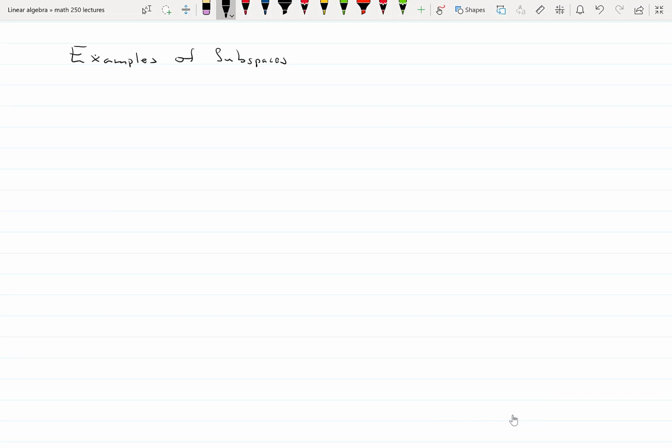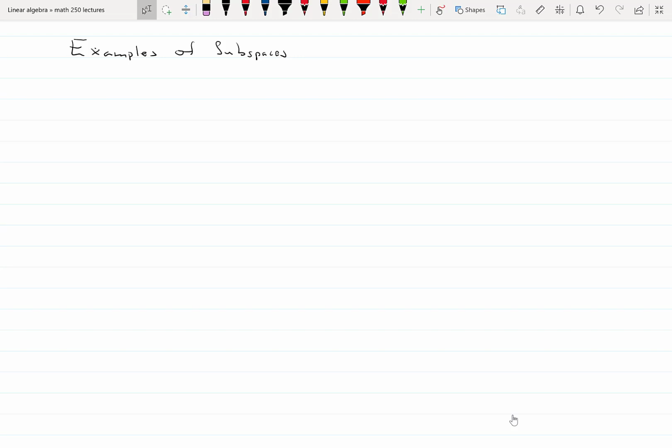Okay, so what I'm going to do next is get away from proof briefly and look at some examples of common vector spaces, but common subspaces. Let's consider the master vector space, if you will, the big V vector space.